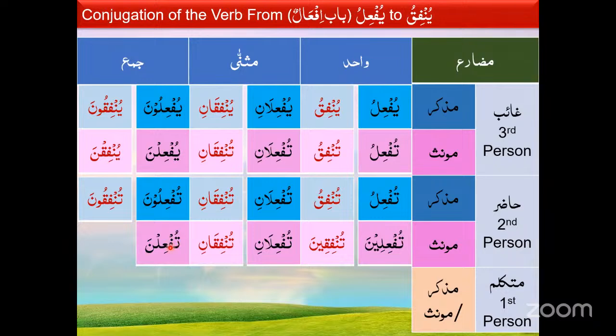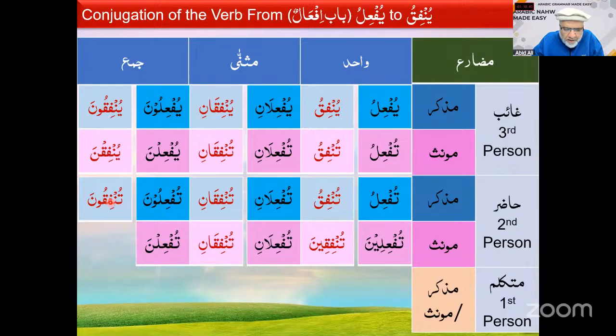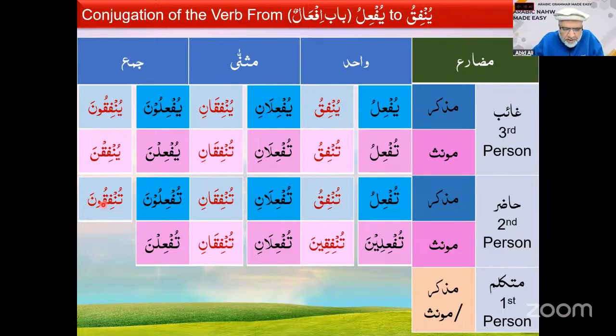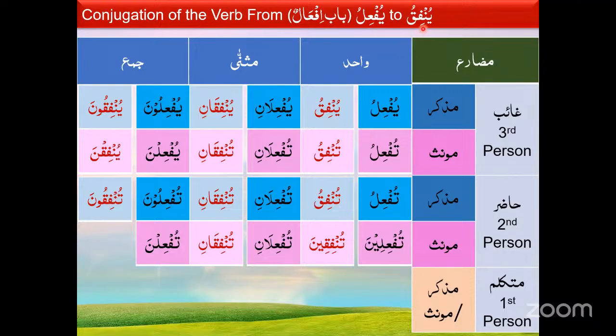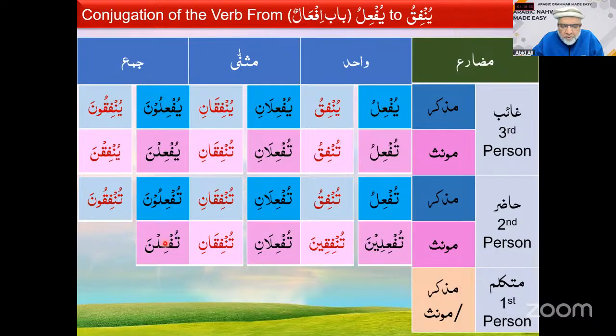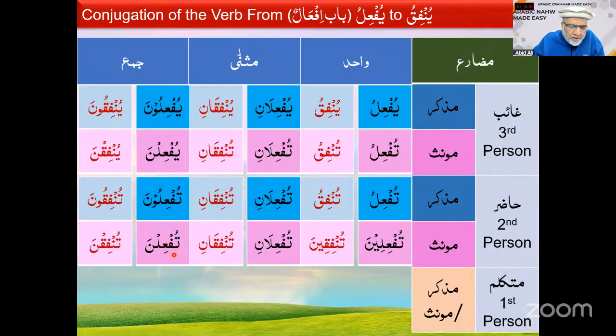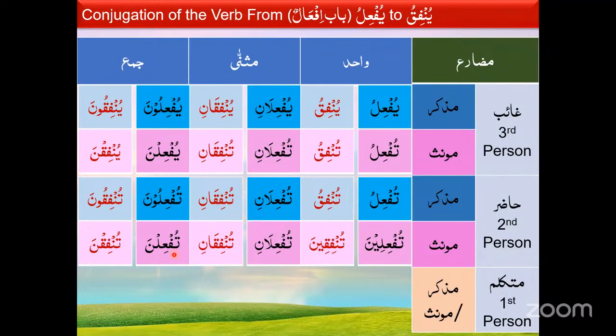Look, try to put the noon in the place of fa, and qaf in the place of ain, and the lam. So it's noon, fa, and qaf. Tun, tuf... Tunfiqna. Yes. Okay. Sister Sadaf, are you back?